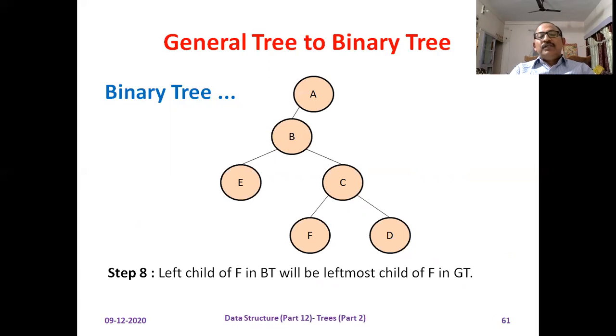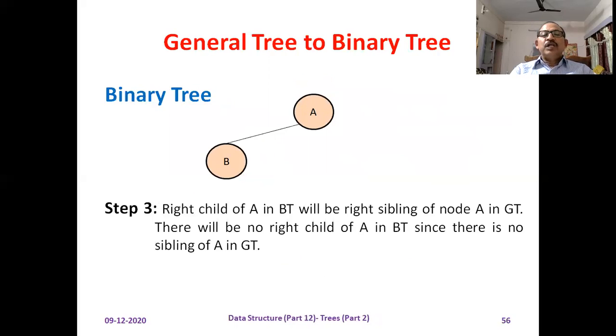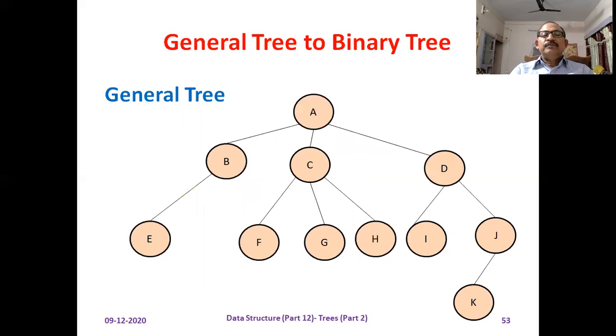Okay. Next, left child of F in binary tree will be the leftmost child of F in the general tree. Let us see what is the leftmost child of F in a general tree. You can say null.